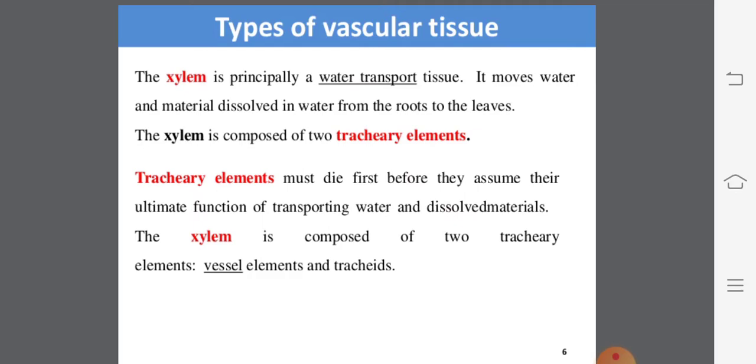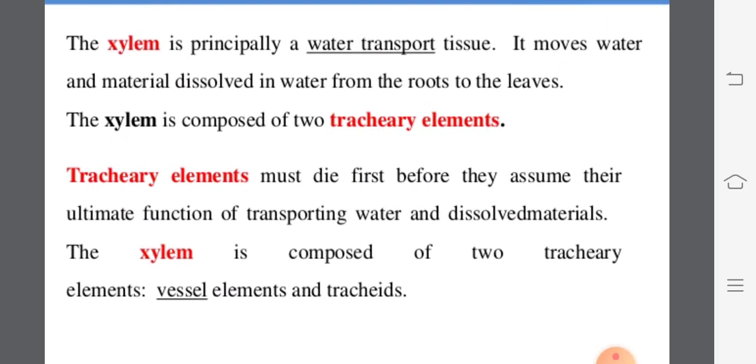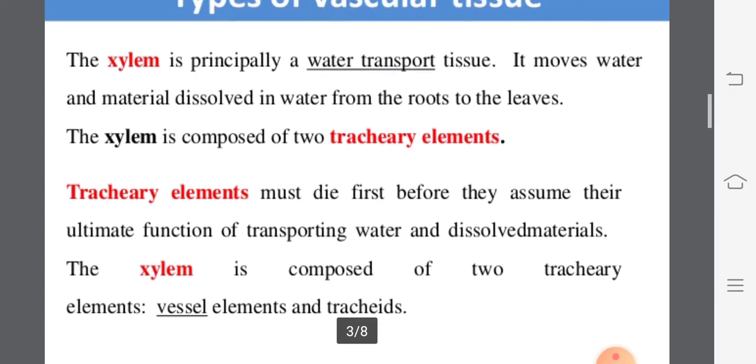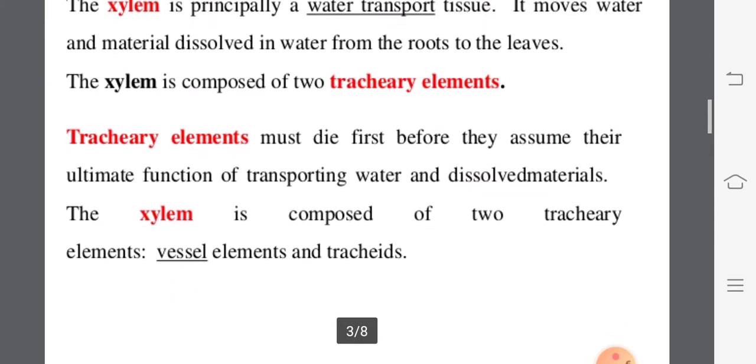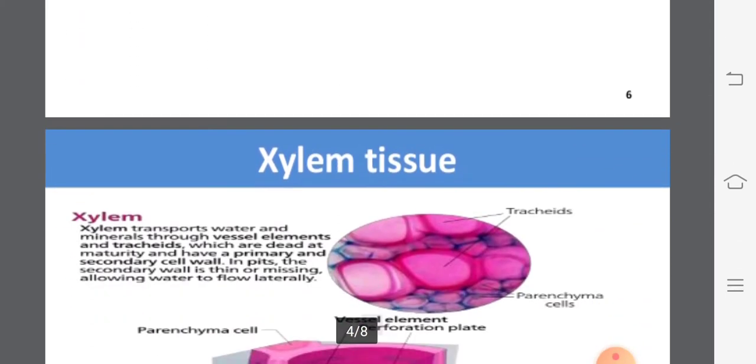It is composed of tracheary elements. Tracheary elements must die before they assume their ultimate function of transporting water and dissolved materials. This xylem is composed of two tracheary elements, vessel elements and tracheid elements. So remember, in the types of vascular tissue, the xylem shows these two elements.